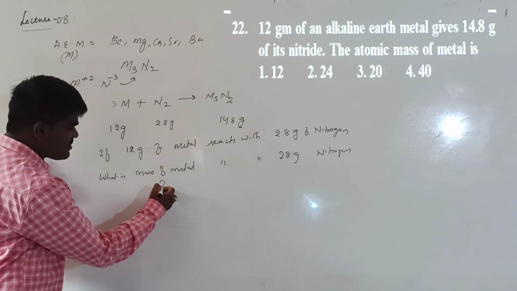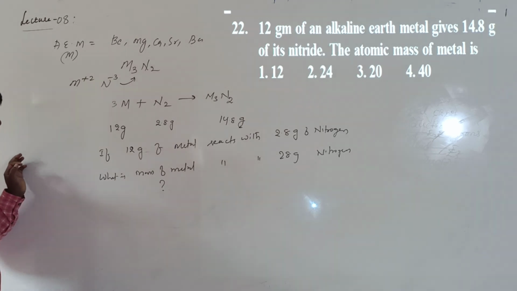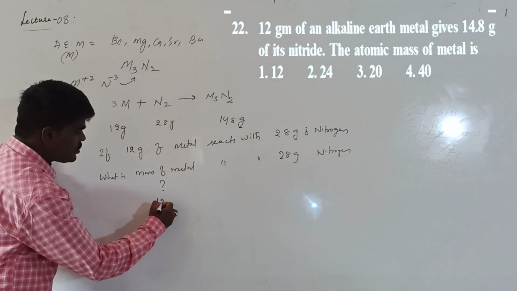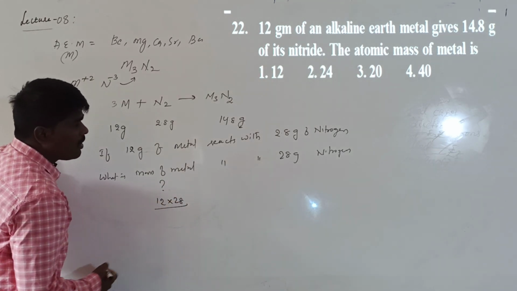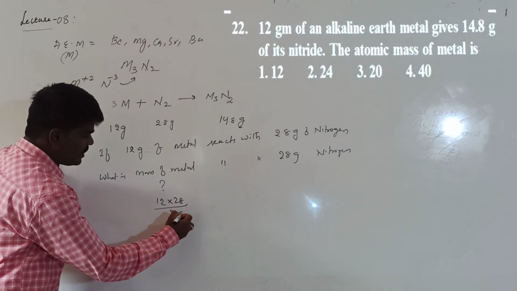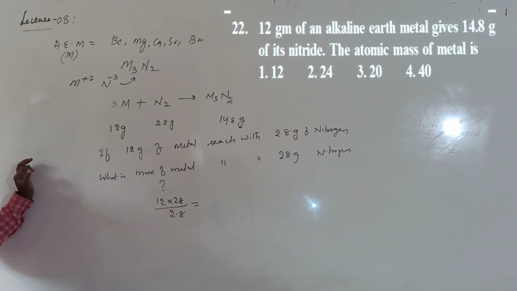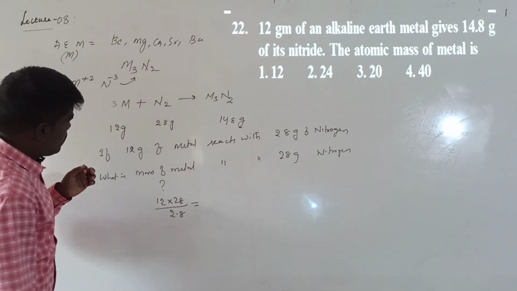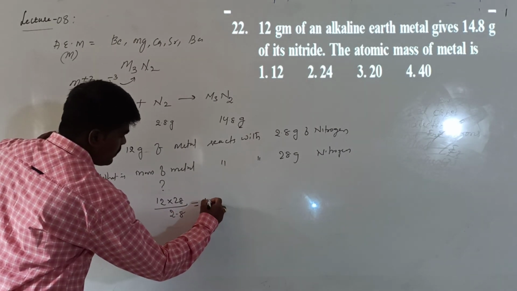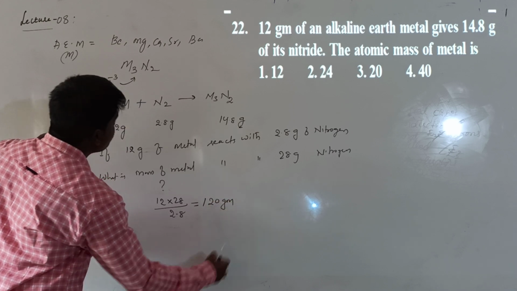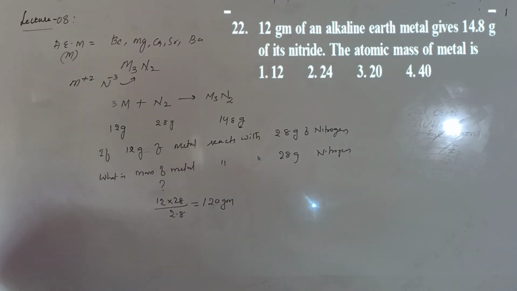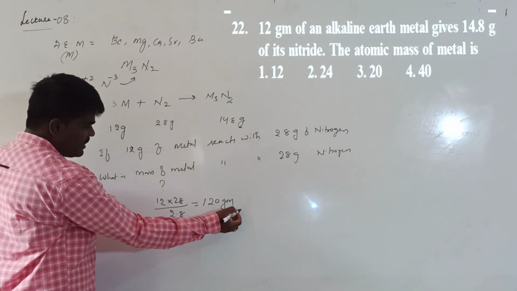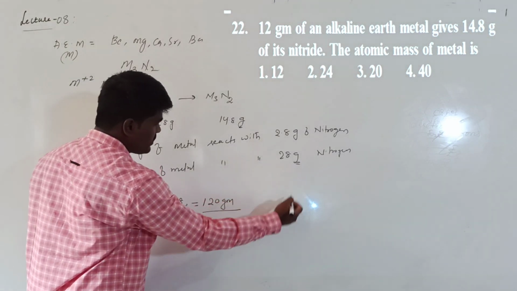So to get the mass of the metal reacted with 28 grams, just like a cross multiplication, that is 12 into 28 upon 2.8, which comes to around 120 grams. If you simplify this, it comes to 120 grams. This is the mass of the metal reacted with the 28 grams of nitrogen.